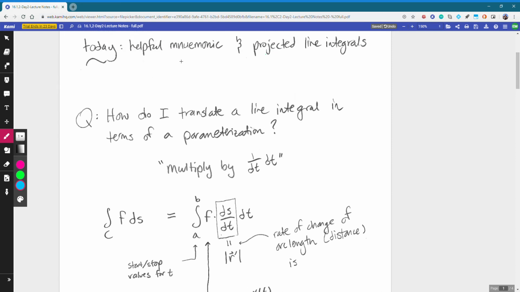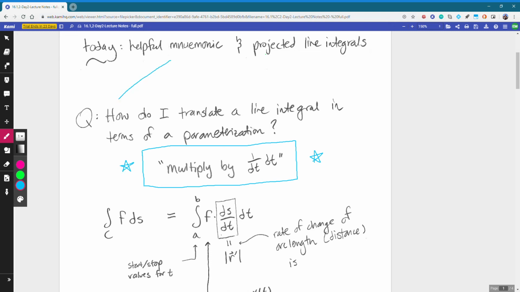And the mnemonic, the helpful catchphrase, is right here. Multiply by 1 over dt, dt. It's a very catchy catchphrase. I think that we can all agree to that.